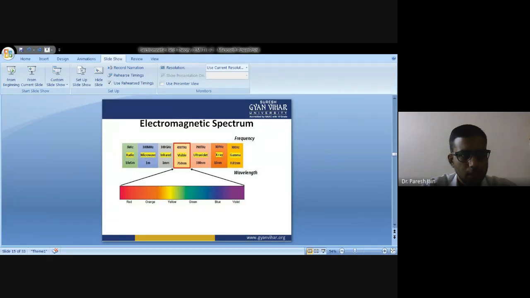It is sometimes referred to as the radio spectrum or radio wave spectrum. Generally, the radio spectrum has the frequency range 30 kHz to 300 gigahertz. That's why it is known as the radio wave spectrum.